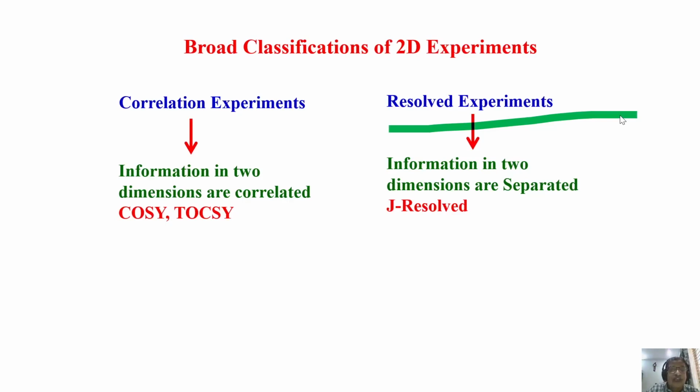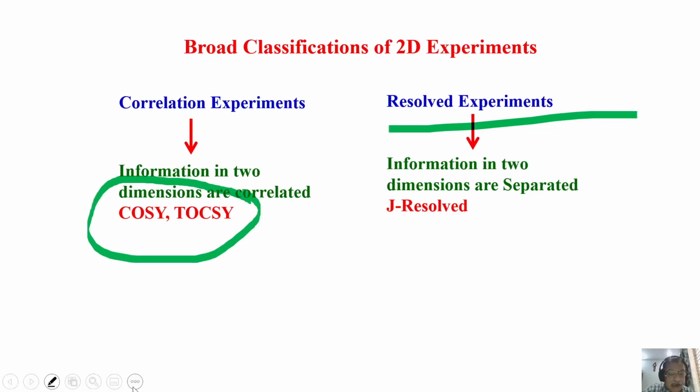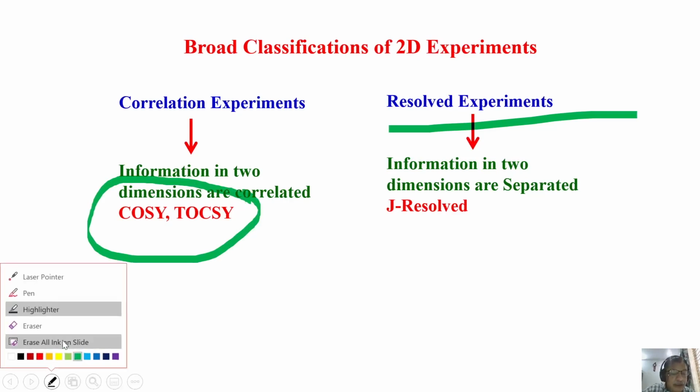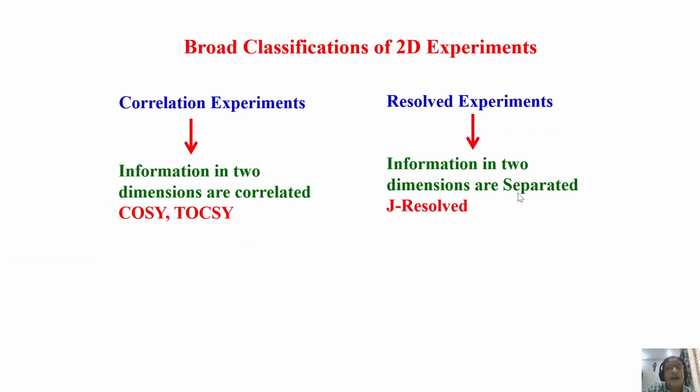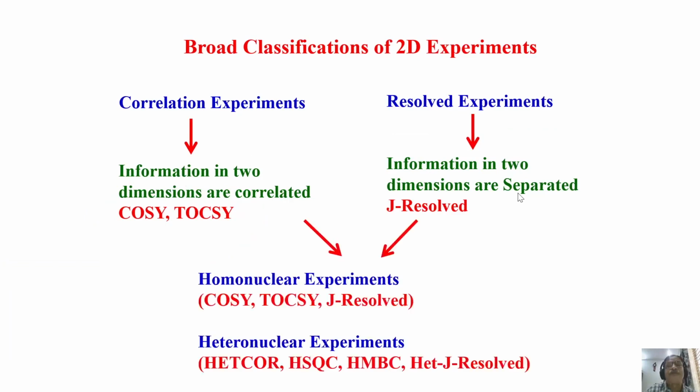Okay. Now the question is, you may ask me, what happens if I have multinuclei, several NMR active nuclei present in the molecule? Should I restrict this only to the homonuclear case? Can I do heteronuclear experiments like correlation and resolved experiments? Sure.